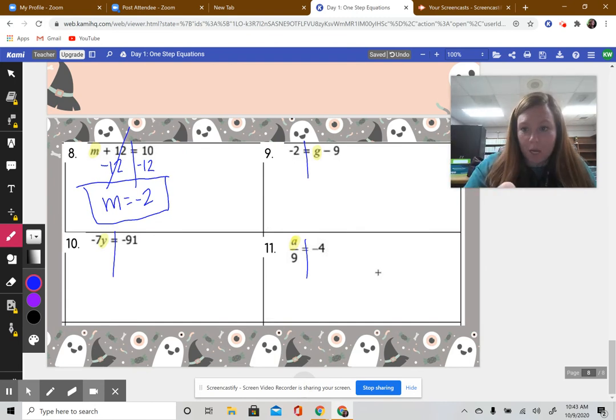Next, number 9 says g minus 9. So what's the opposite of minus 9? Plus 9. Negative 2 plus 9 is 7.